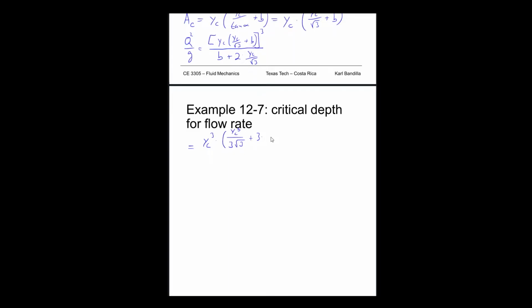So that would be y_c squared over 3 times b, plus 3 times a b squared, so it'd be y_c over square root of 3 times b squared, and then b to the third power. And that all is still divided by b plus 2 times y_c over the square root of 3.